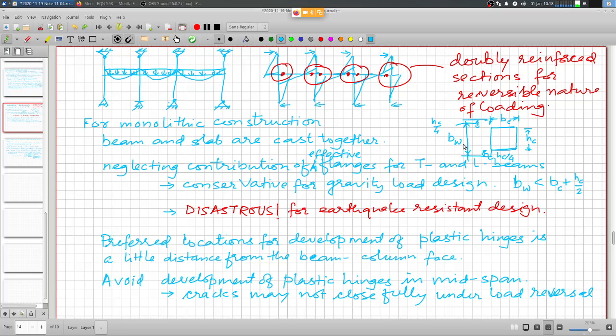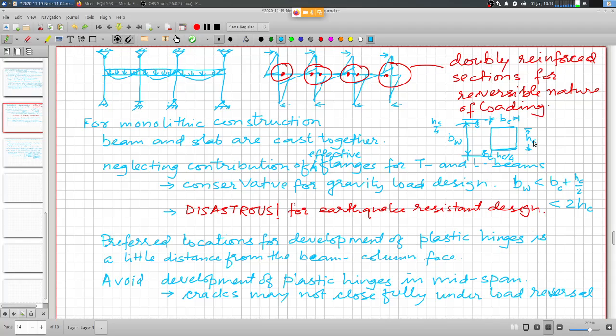Okay. So the beam width, we should always try to keep it of the same size as the column, but if the flexural rigidity demands that it cannot be met, and it is required to extend the beam because of some other architectural or functional reasons, then the beam width should be less than this, and in no case should it exceed twice the column size in the transverse direction.